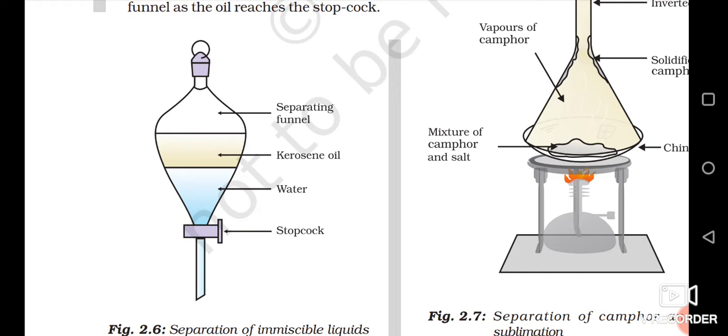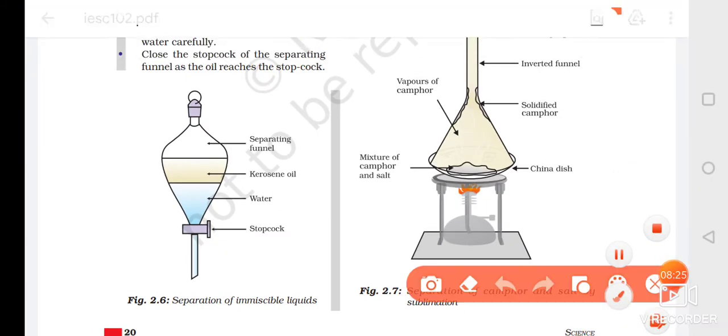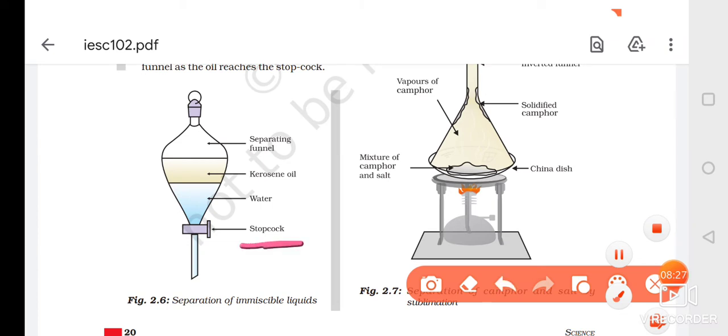After some time, what will we see? The kerosene oil and the water will separate. They will form layers. When they form two layers like this, I will open this stopcock and place a beaker here.